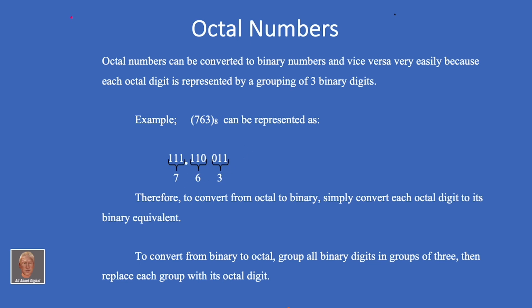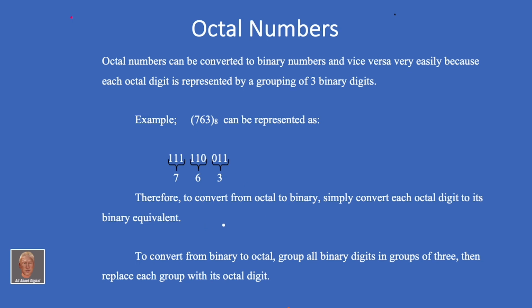So 111, 110, 011. By grouping the binary digits in groups of 3, you can generate the octal number, which is 763. Therefore, to convert from octal to binary, simply convert each octal digit to its binary equivalent.